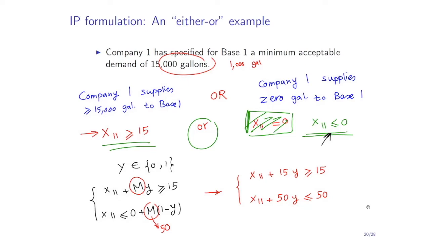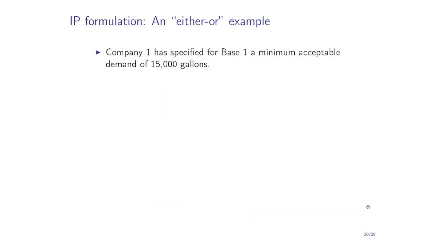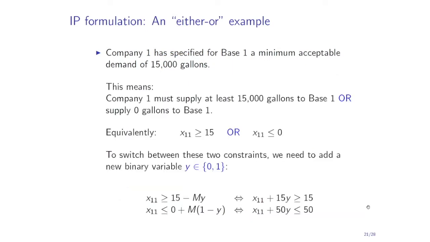And in case its value is 1, then we will have x11 plus 50 less than or equal 50, which is equivalent to x11 less than or equal 0, our original constraint. So in order to model this condition, we just need to add these two constraints to our original formulation. This is what we discussed.